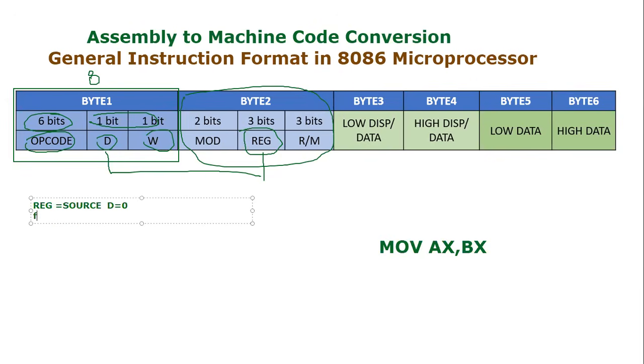If the register field is the destination, for example if we consider AX, then D would be 1. So the D value actually depends upon the register operand. If the register operand is a source, then D would be 0. And similarly, if the register operand is the destination, then D would be equal to 1. So it is a 1-bit field, the D field, but it is related to the register operand of one of the registers. Okay.